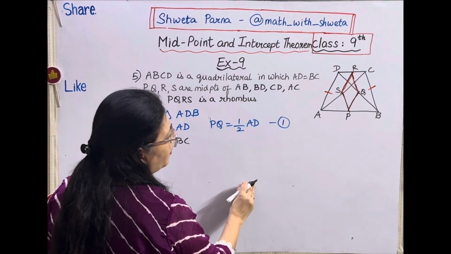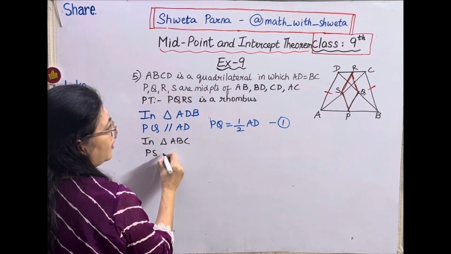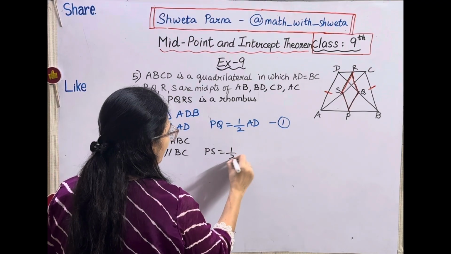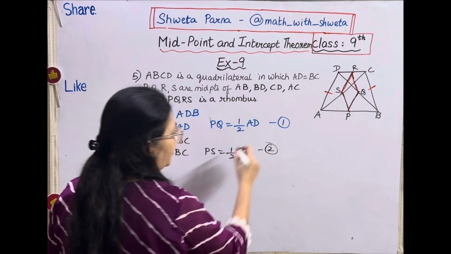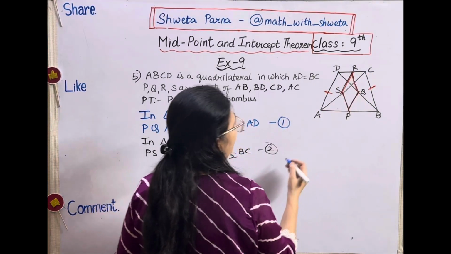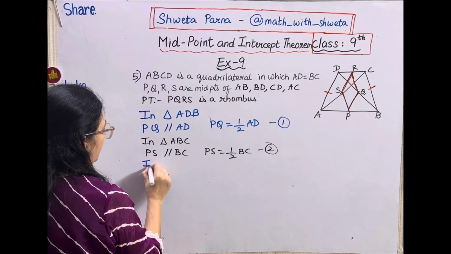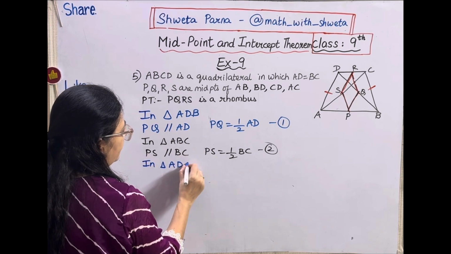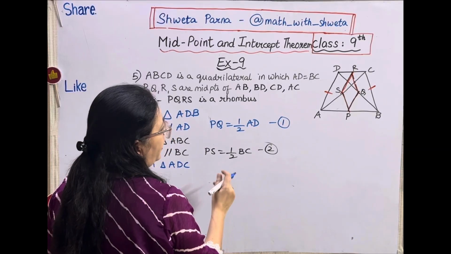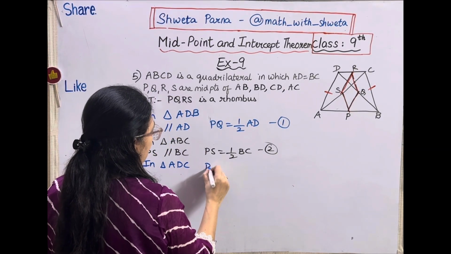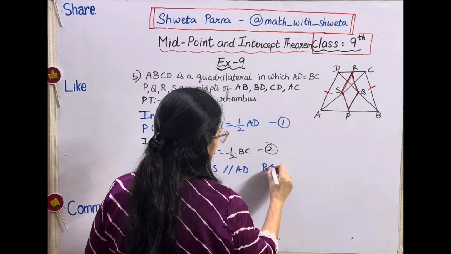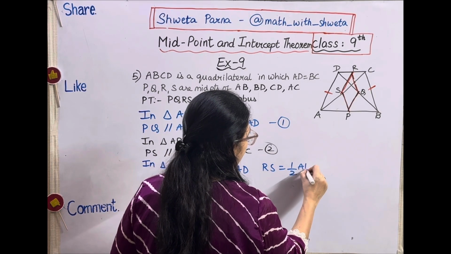In triangle ABC, PS is parallel to BC. So PS is half of BC. This is the second part. Okay. Third part. Now let's take the triangle ADC. In triangle ADC, RS is parallel to AD. So RS is half of AD. Third part.